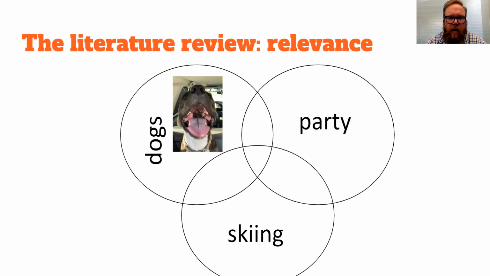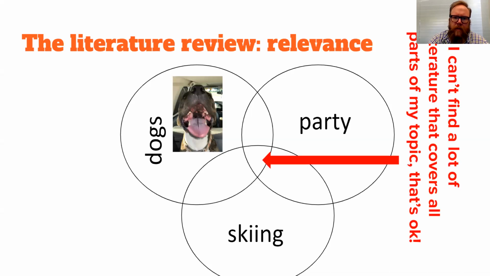And so the example here is actually an article that Kristen Atkinson, one of the instructors in the Social Work Masters program at Metro, used in class, and I am just blatantly stealing it because I thought it was so good and enjoyable: the idea of a research project or a research topic that exists at the intersection of dogs, parties, and skiing.